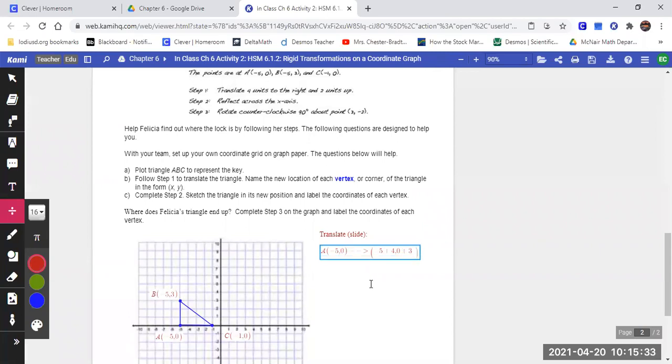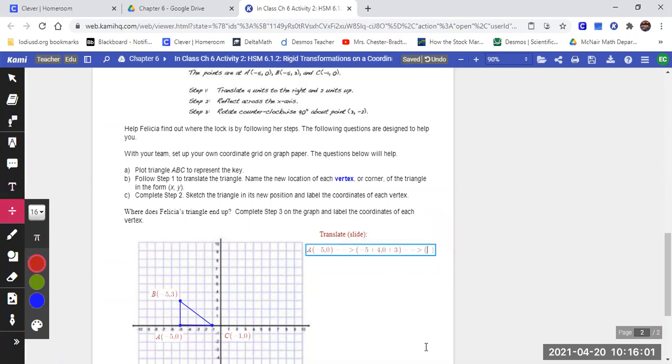So I'm taking the original numbers we have, -5 and 0, and I'm moving them 4 to the right, which is adding 4, and up 3, which is adding 3.